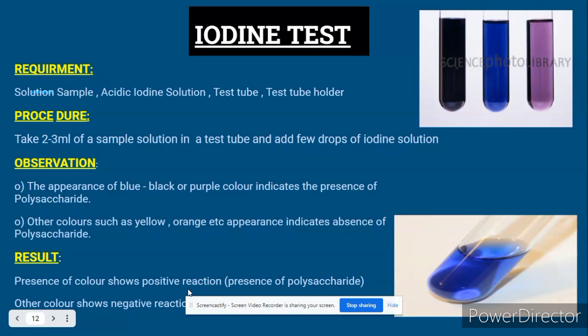The procedure of this test is to take 2 to 3 ml of a sample solution in a test tube and add a few drops of iodine solution. The observation will be that the appearance of a blue-black or a purple color indicates the presence of the polysaccharide, but if there are other colors such as yellow, orange, etc., this indicates the absence of the polysaccharide.